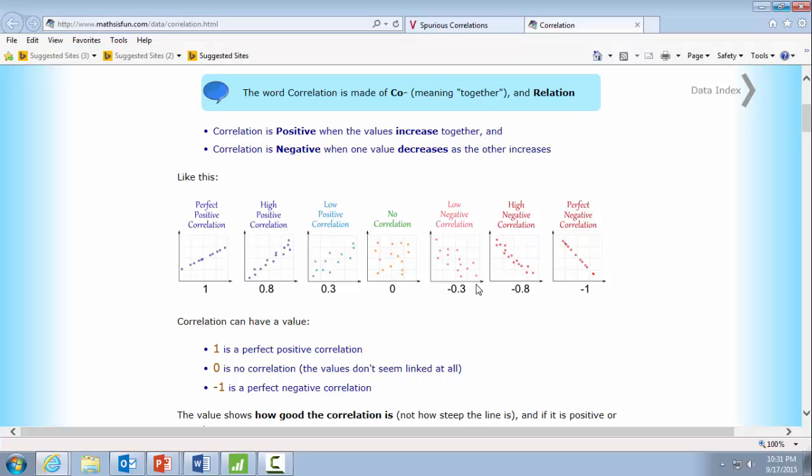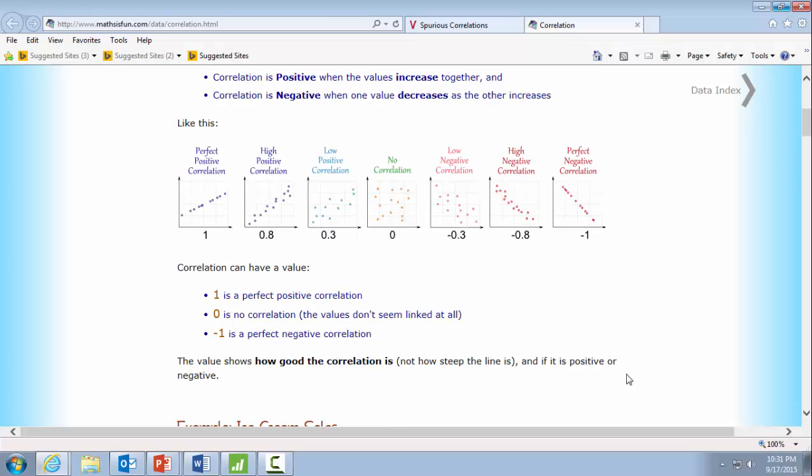So here a little further from a straight line, correlation coefficient -0.3. Here, very close to a straight line, correlation coefficient is high with -0.8. So the value shows you how good the correlation is. And if it's a positive or negative correlation. See these positive values, positive correlations, negative values, negative correlations.